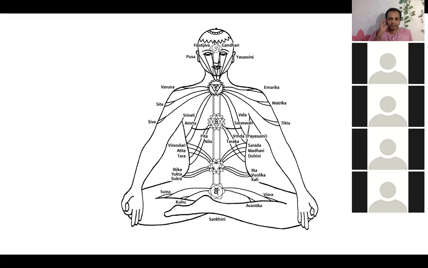Okay. So here we are seeing the important nadis that come from each chakra. For example, there is Payashwini, Saraswati, Amrita, Srivati, Sita, Shiva, Matrika. Each chakra is connected with these nadis, and these nadis connect to certain parts in our body.